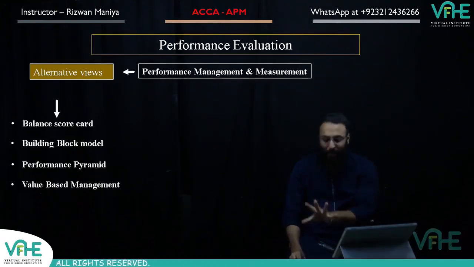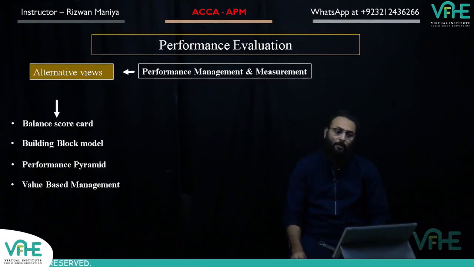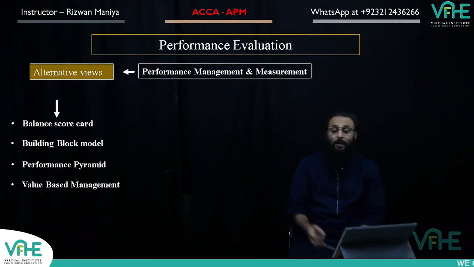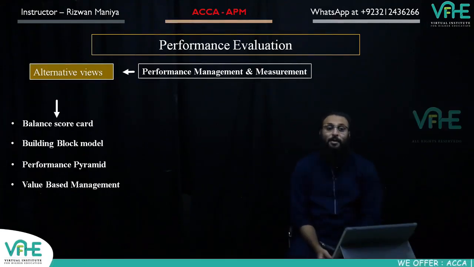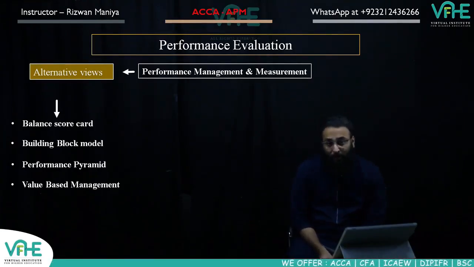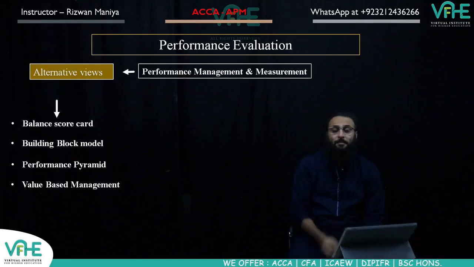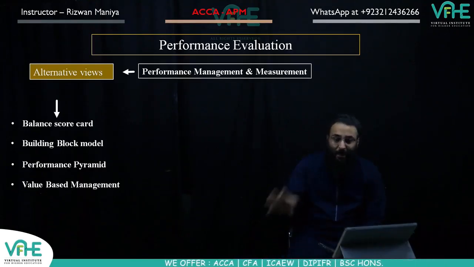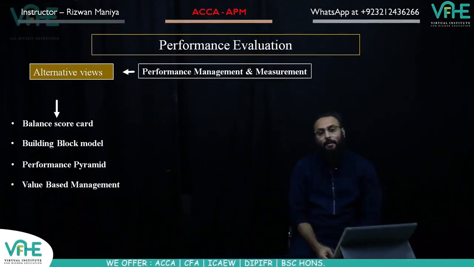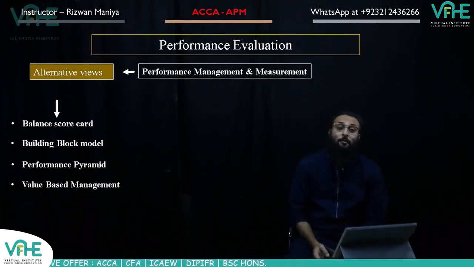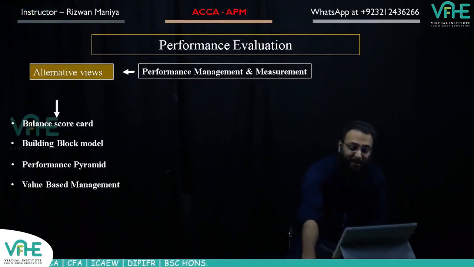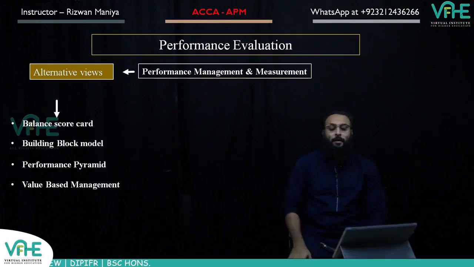So how to implement VBM? To implement VBM, we need to come up with the strategies. We need to come up with the value drivers, short and long term. We need to set targets and budgets for them. And we need to tilt our reward system and performance measurement according to that.